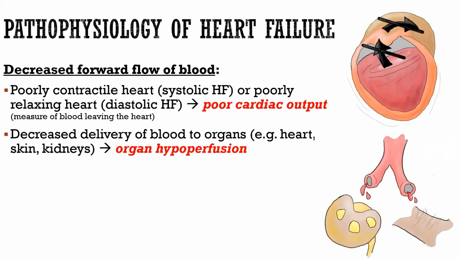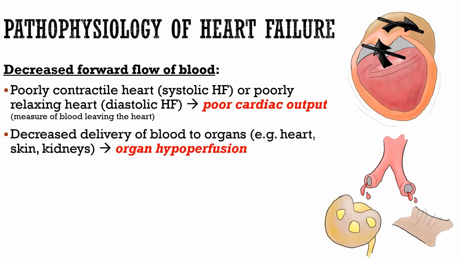Now, as we said, in heart failure, we have a difficult time pushing blood in the forward direction, or in other words, we have poor cardiac output. Now, that could be because, again, we have some sort of systolic abnormality where the heart's not contracting well, or some sort of diastolic abnormality where that heart isn't really filling up with enough blood such that there's not enough blood to actually push out.